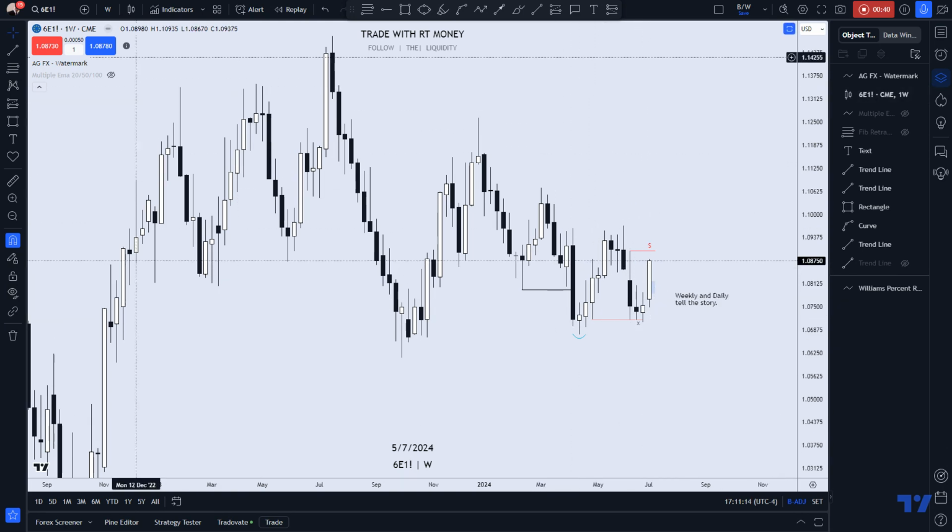Let's go. We're looking at the euro. Understand we're talking about the euro futures right now. When you trade on the spot, it's automatically going against the U.S. dollar. All the FX pairs, the euro, the pound, New Zealand dollar, Aussie dollar, are all weighted against the U.S. dollar.